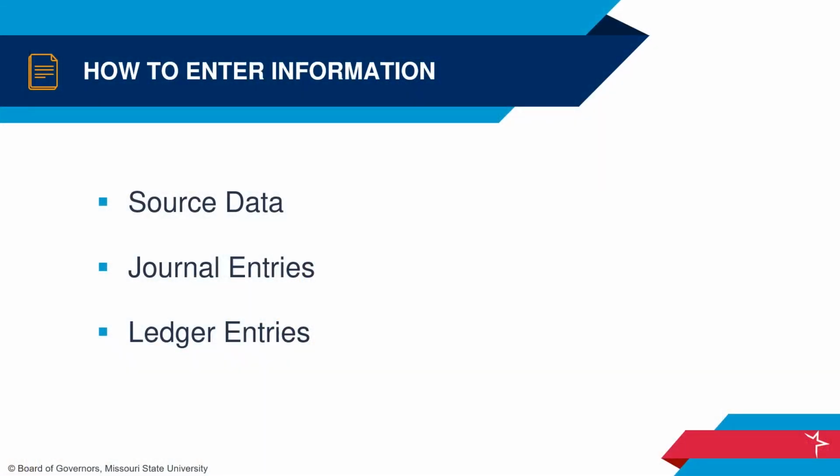Information is entered into the accounting system through source documents that could include invoices, sales receipts, timesheets, bills, or other items that document money coming in or money going out. Journal entries are a chronological record of transactions, and ledger entries are a summary of transactions by account.